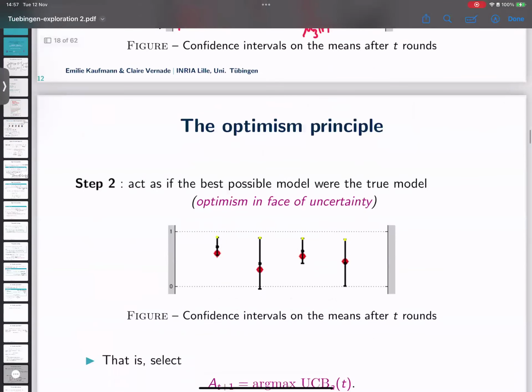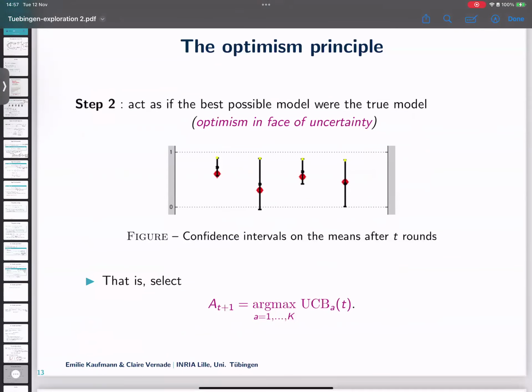And so the optimism principle just says, it's very simple, that given this uncertainty, you should act as if you were in the best plausible world given your current knowledge. The best plausible world for each of these arms is the world where mu1 is here. And this is still plausible, right?